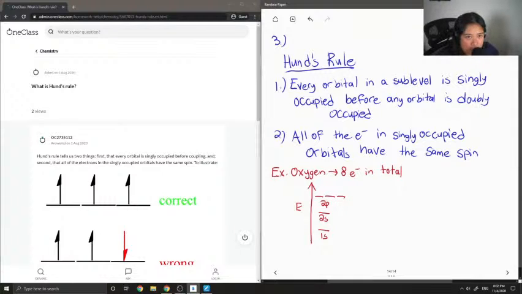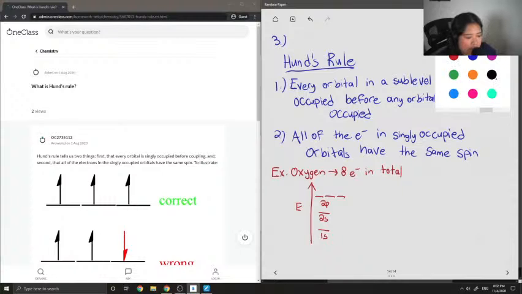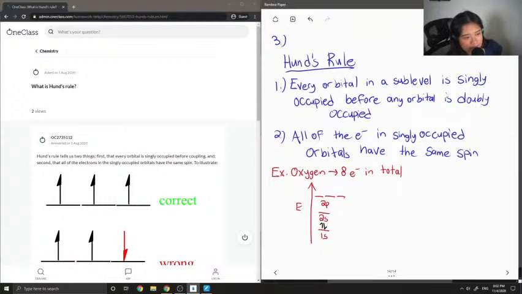Okay, so we're going to start from the bottom and just count out all the electrons as we write them in. So starting at the bottom, we go 1, 2. Notice that first in every orbital, you have the electrons go spinning up. We do the same thing here. So 3, 4.